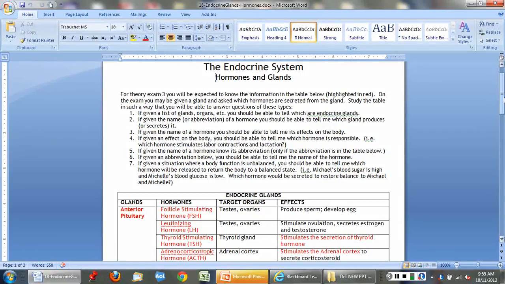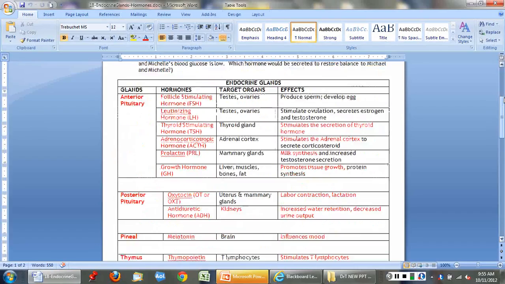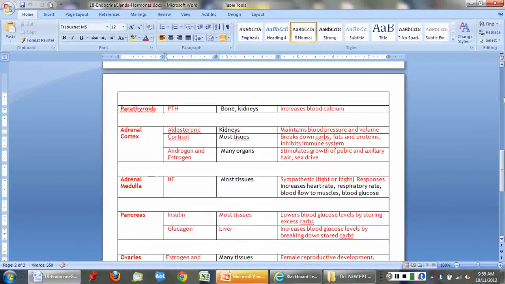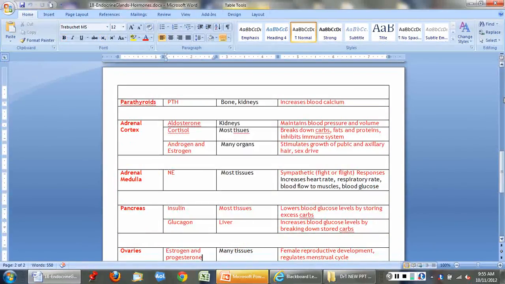So for example, if we look at insulin, find insulin on your table. You have the pancreas. The pancreas is an organ that has both endocrine function and exocrine gland function.